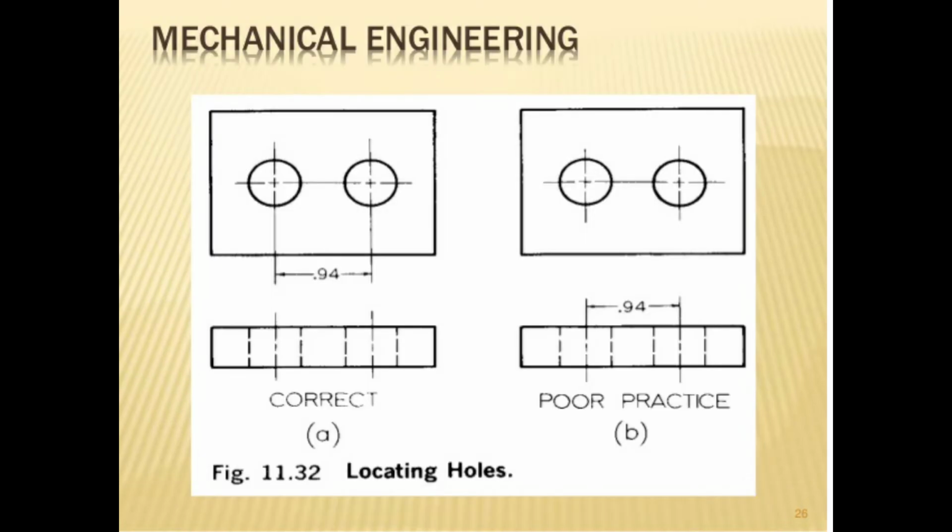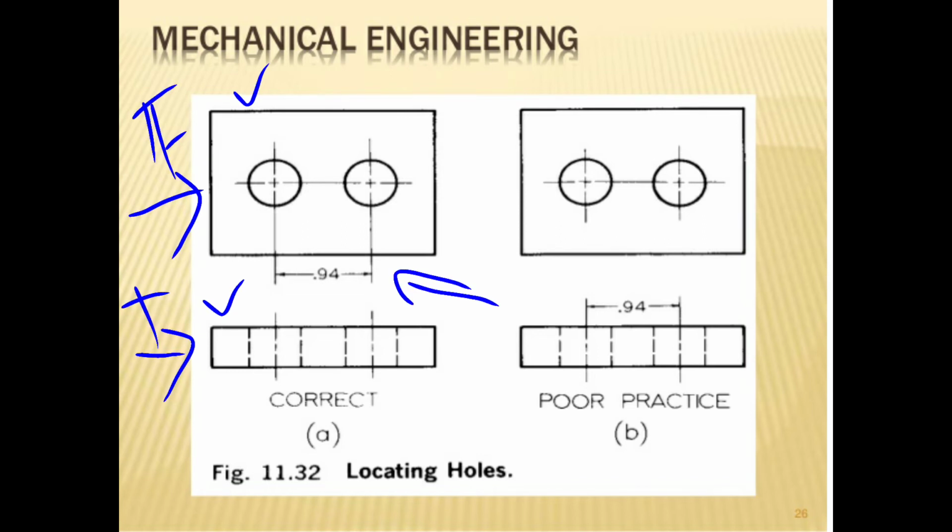Locating holes: how it is correct and how it is wrong. See, here there are two drawing views, the front view and the top view. This is the correct method to draw the dimension: we draw the extension lines passing through the centers, and this is the dimension we show, as 0.94 inch.